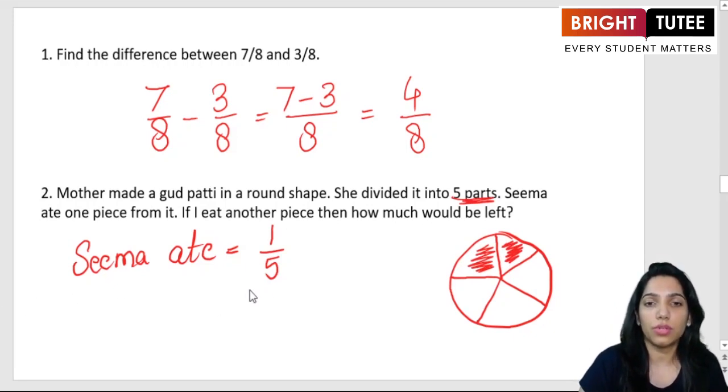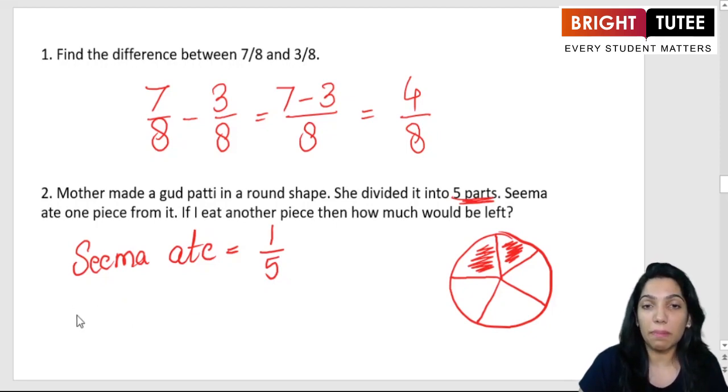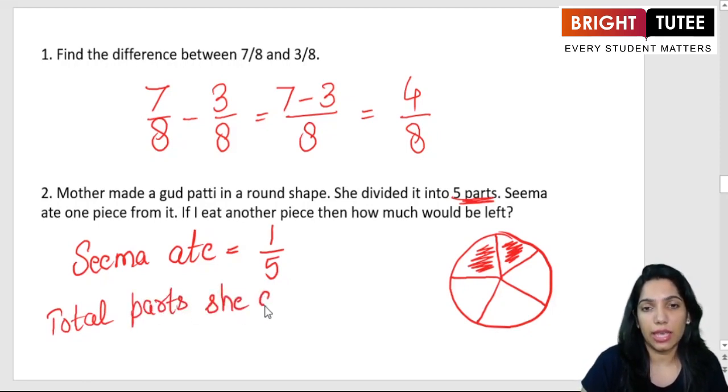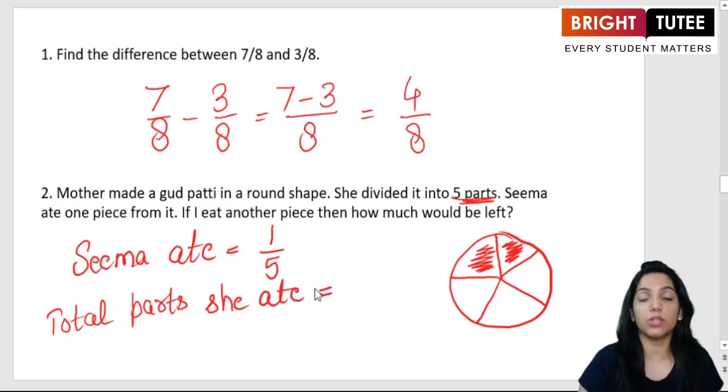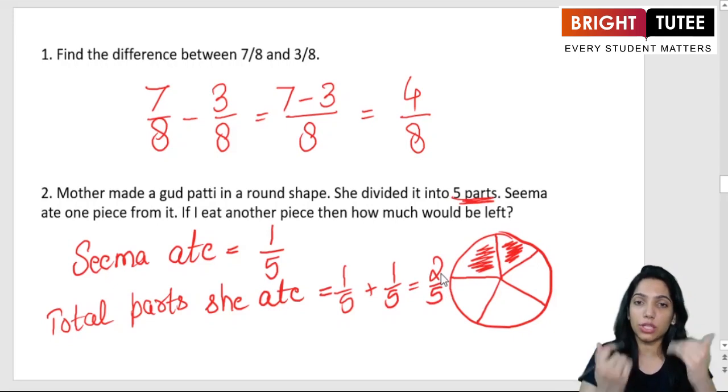So the total part that she ate, what am I writing? The total part that she consumed is 1 over 5 plus 1 over 5, and that is 2 over 5.